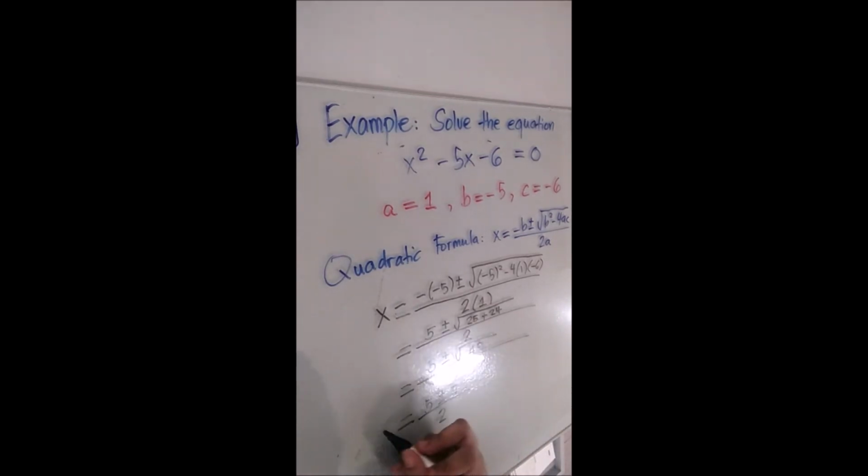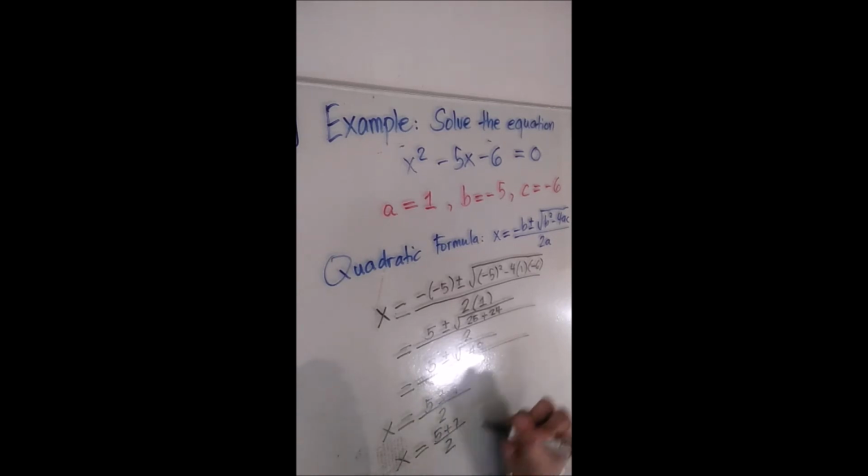So we have two values of x, and you need to separate them. x is equal to 5 plus 7 over 2, or x is equal to 5 minus 7 over 2. Our x now is 5 plus 7 is 12 over 2, which is equal to 6.